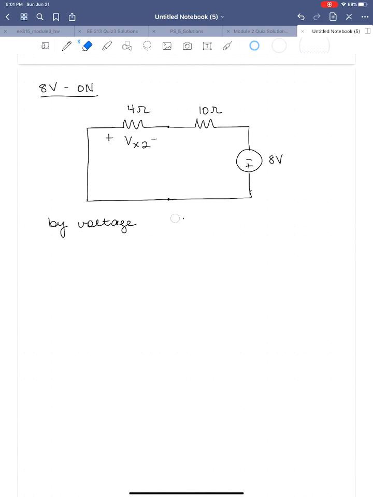By voltage division, we're going to have that Vx2 is equal to the total source voltage 8 multiplied by the ratio of the resistor we want to know about, 4, divided by the series combination of 4 and 10. Now, ask yourself this question: does the passive sign convention hold?